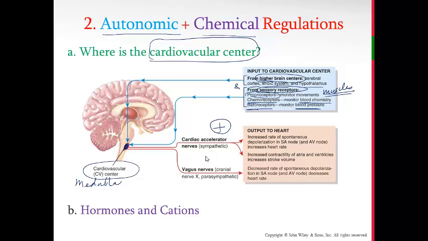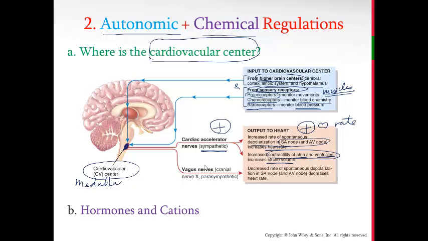It will signal the sympathetic nervous system, and it's going to increase heart rate and get everything going, because it will try to depolarize your SA node much faster and make sure that your atria and ventricles are contracting a lot. So this will increase both the heart rate and the stroke volume.